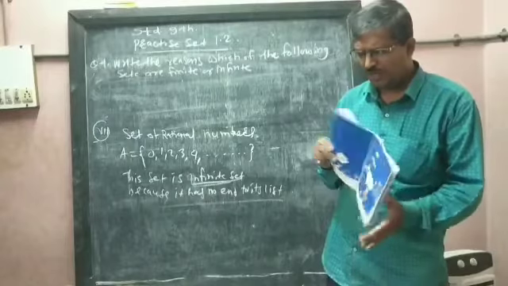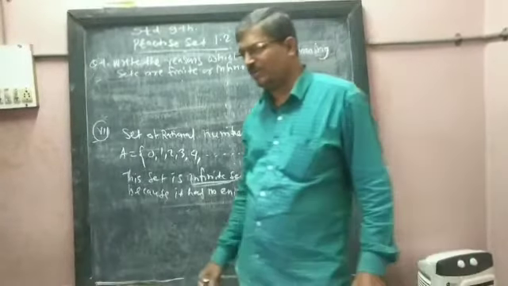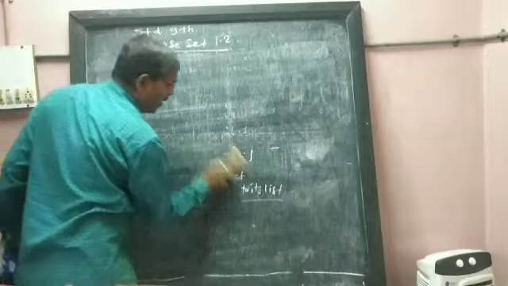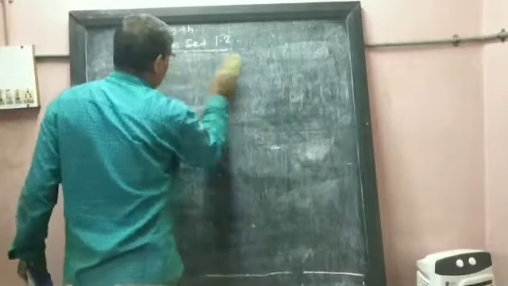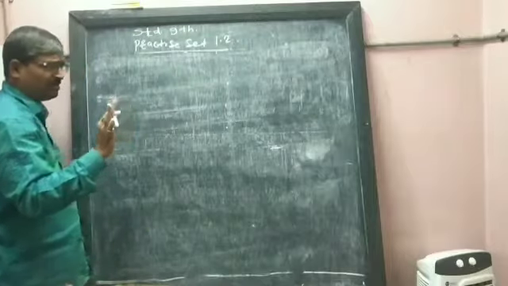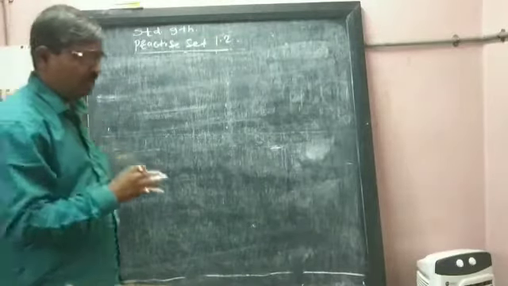Dear students, one more time I am going to take a revision. First, we studied the concept of equal sets. The sets which have exactly the same elements are called equal sets.